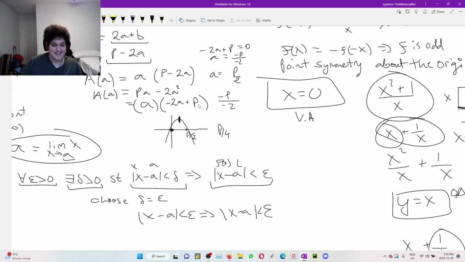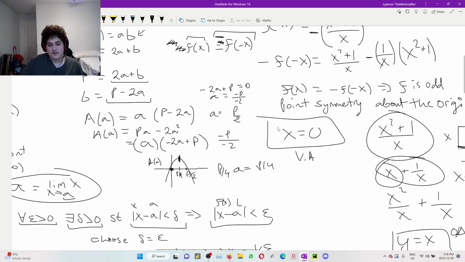This is our area in terms of a, right? So the maximum area will occur when a equals p over 4. So this is a way to do it without calculus.